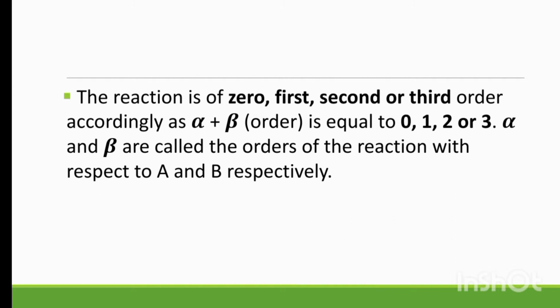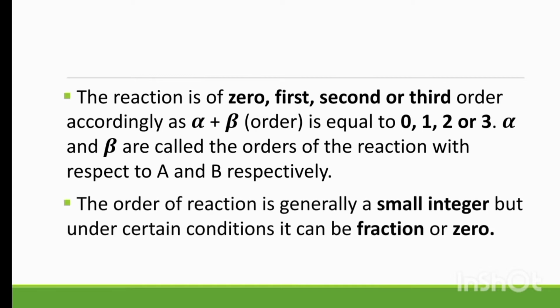Suppose if the order of the reaction is 0, then the reaction is said to be of the 0th order. But if the order of the reaction is 1, then the reaction is said to be of the first order and so on. Alpha and beta are called the orders of the reaction with respect to A and B respectively.